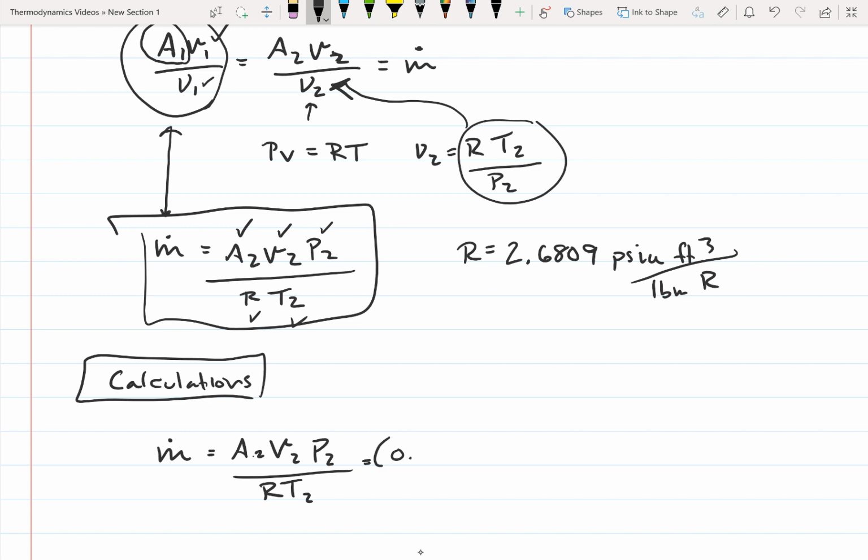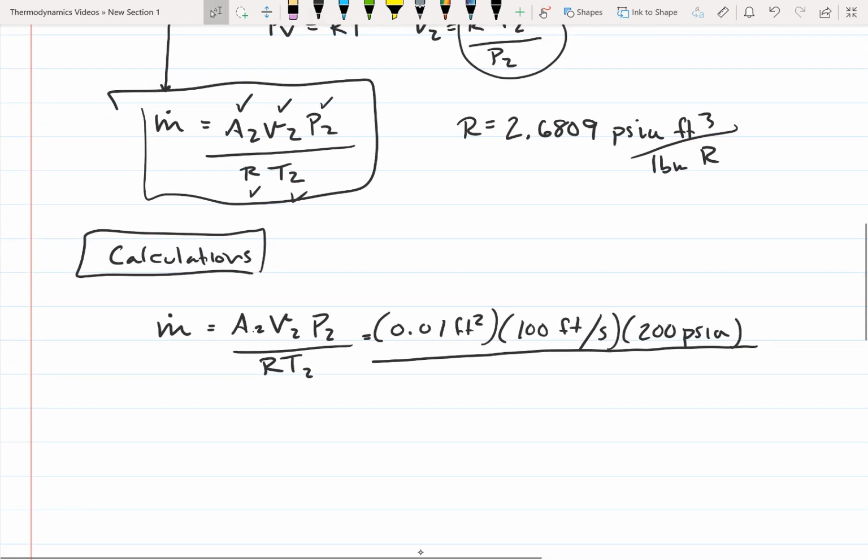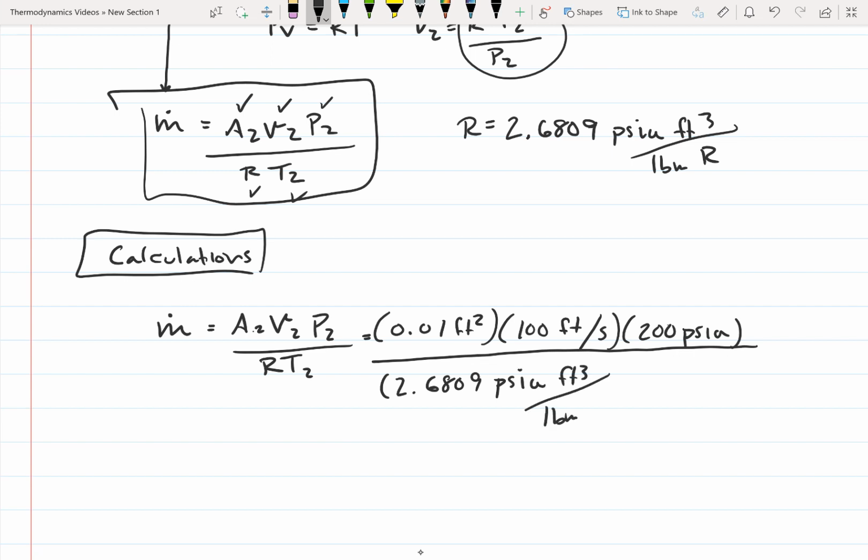So this is equal to 0.01 feet squared multiplied by 100 feet per second multiplied by 200 psi absolute divided by 2.6809 psi absolute foot cubed per pound mass Rankine, and then our temperature is 1059.7 Rankine.